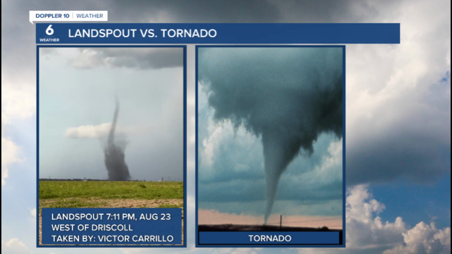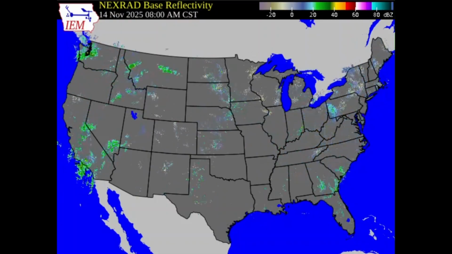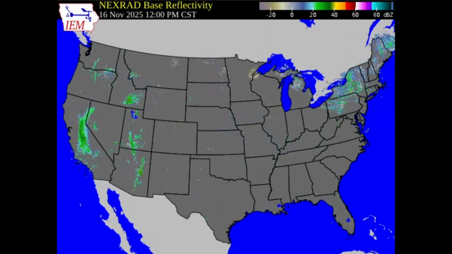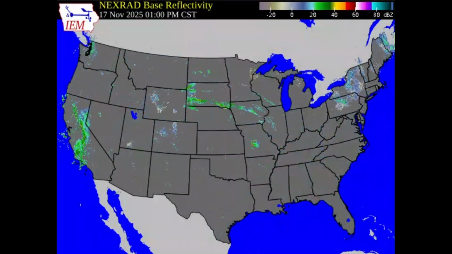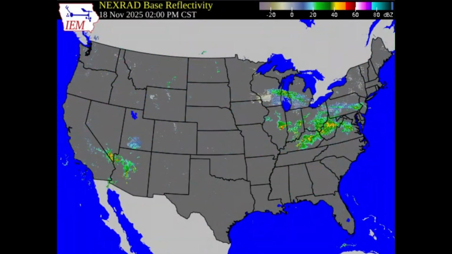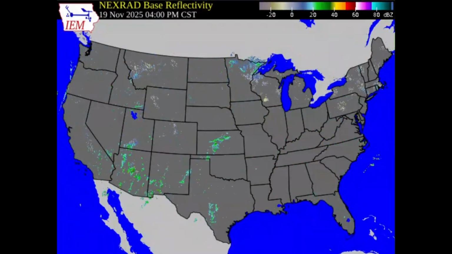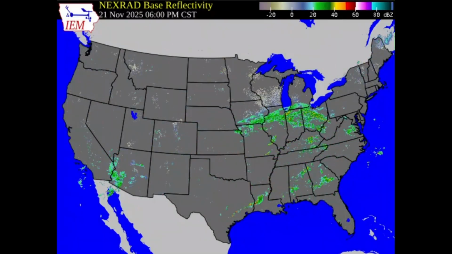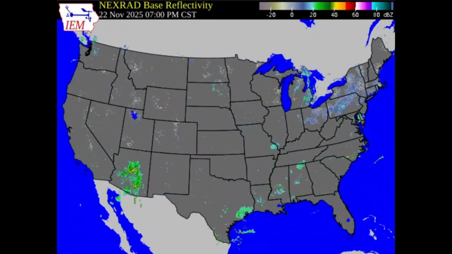These can cause some damage. They can lift a little bit of debris, but they're often seen on the Great Plains in areas such as Colorado and Kansas. You would be able to tell the difference, at least in some cases, from the things I have seen. You can tell the difference between this and a tornado.